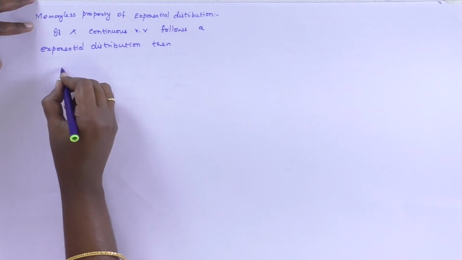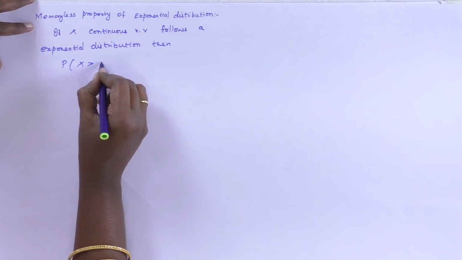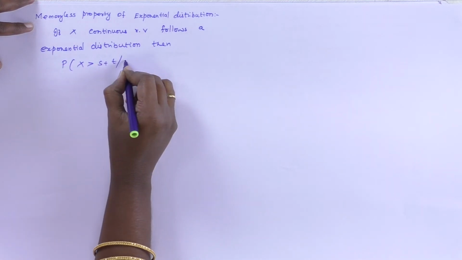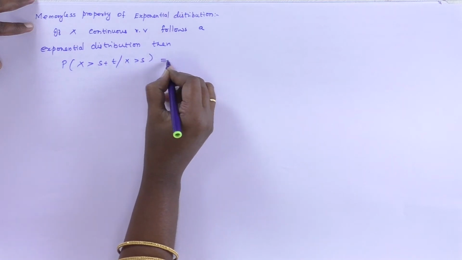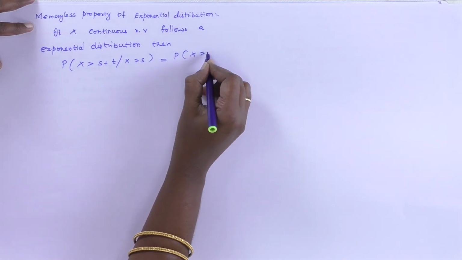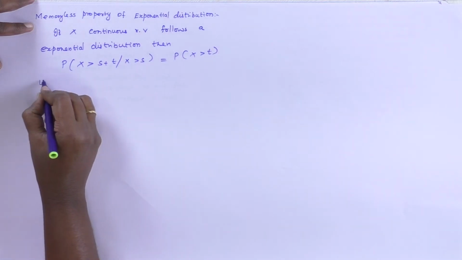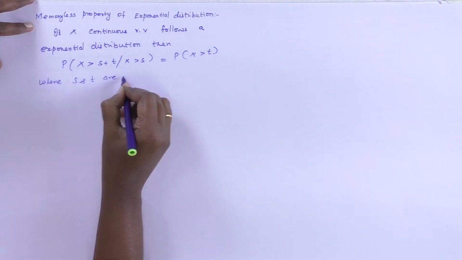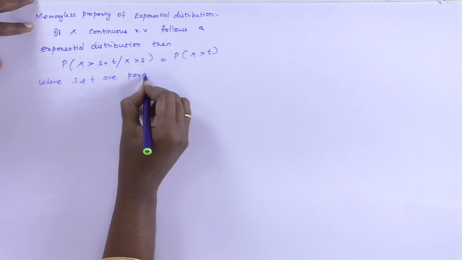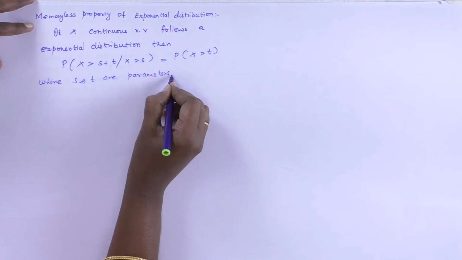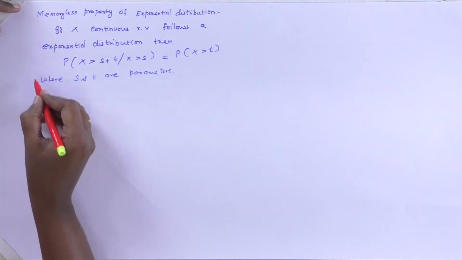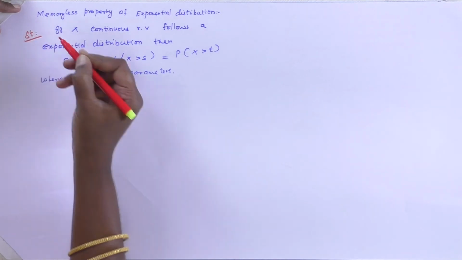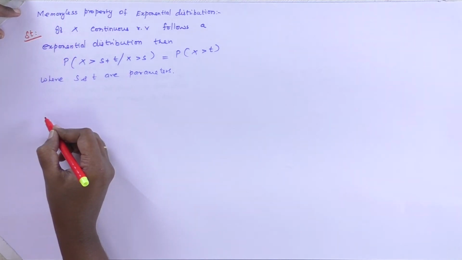Then p of x greater than s plus t, conditional on x greater than s, is equal to p of x greater than t, where s and t are the parameters. Okay, which is the statement of the memoryless property of exponential distribution.